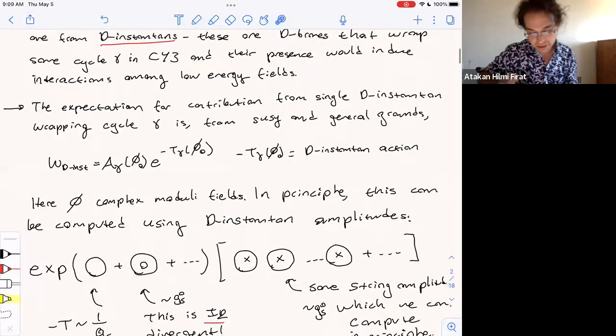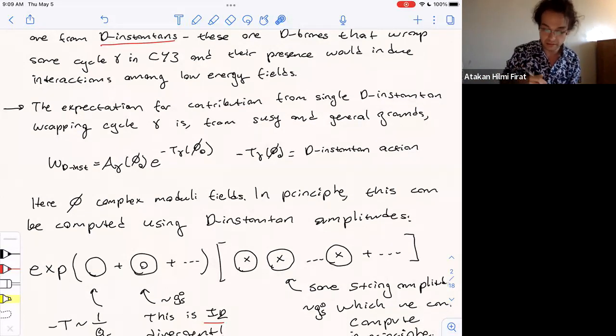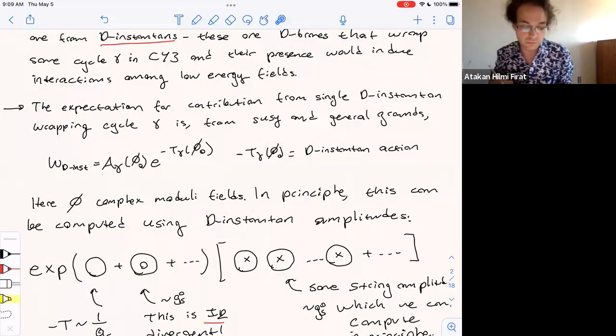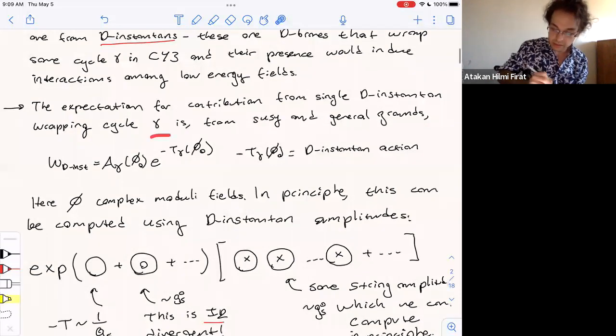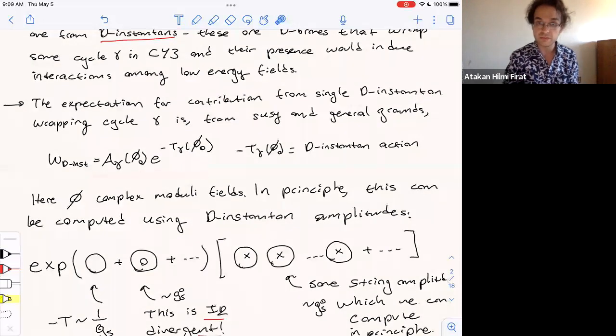So the expectation for this type of contribution: let's take a single D-instanton wrapping some cycle gamma, which might be 2-dimensional or 4-dimensional. From SUSY and general arguments, this is the form that we expect.